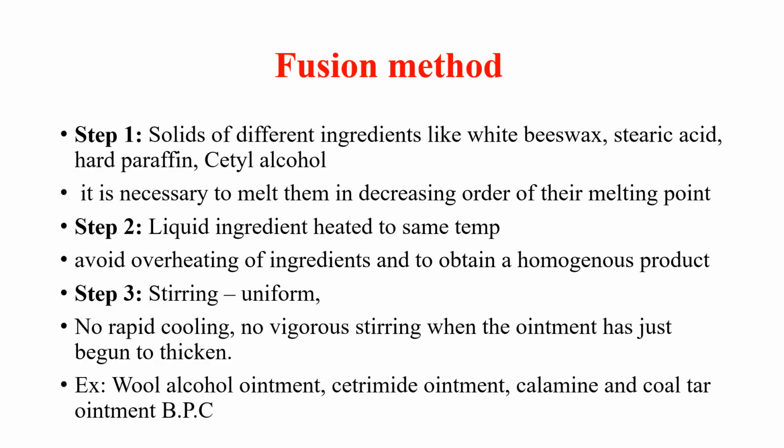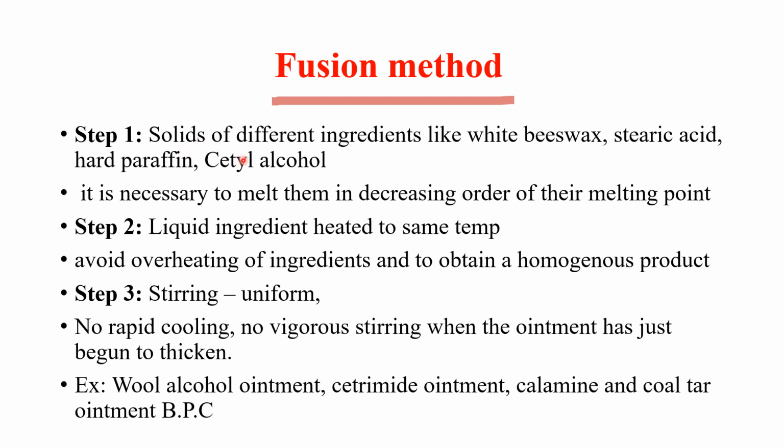Now, the second method, and the most commonly used method where we use a mixture of all ointment bases, is the fusion method. In the fusion method, as the name indicates, fusion means you are going to heat all the materials before you mix, because we have some solid materials and some liquid materials. Now, what is step 1?